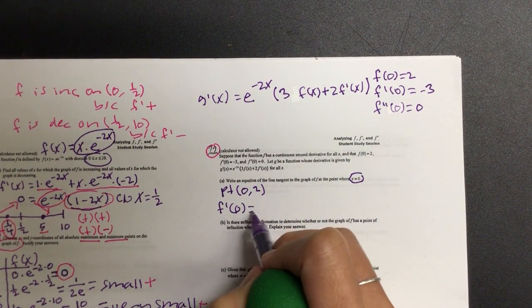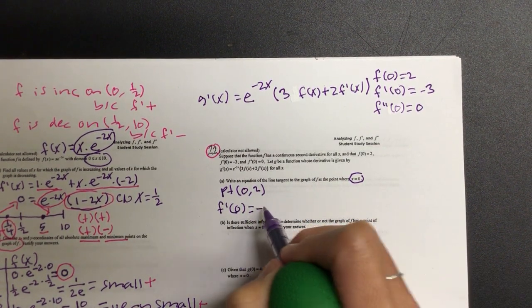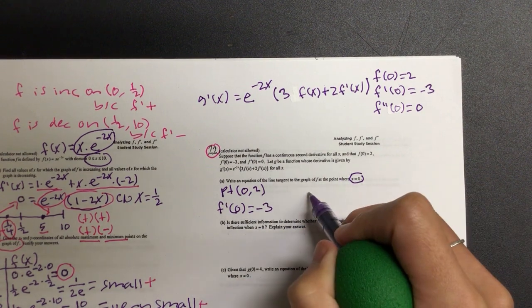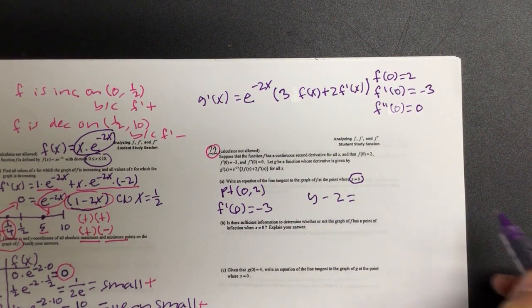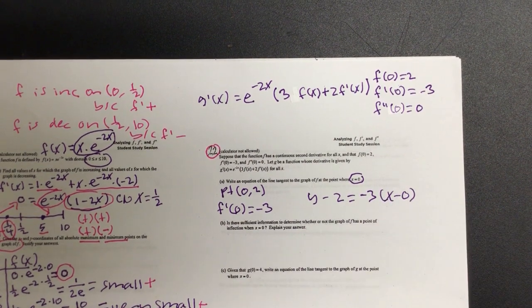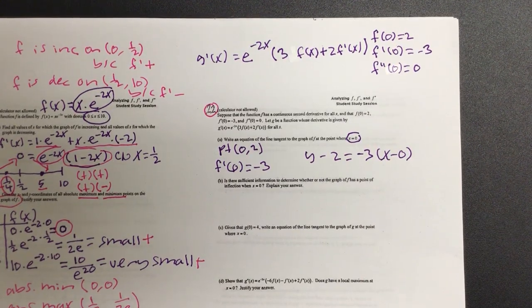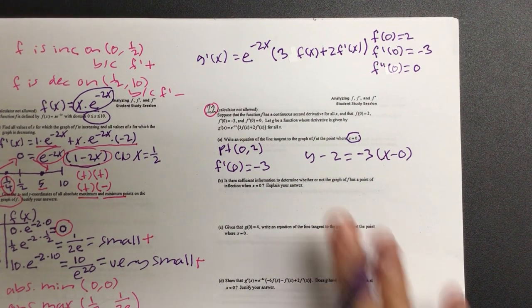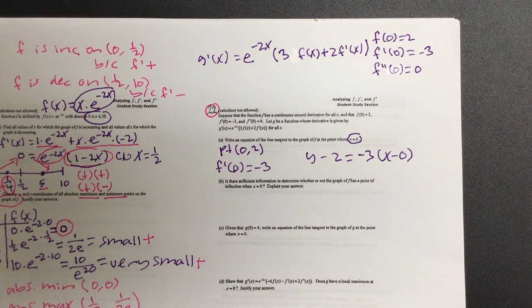Is that also given? Yes. Negative 3. So we can do y minus y1: y minus 2 is equal to my slope, negative 3, times x minus 0. Do you have to solve for y on the free response? Just leave it, okay? Go all the way if you feel confident you have enough time, but if you don't, just leave it just like that.